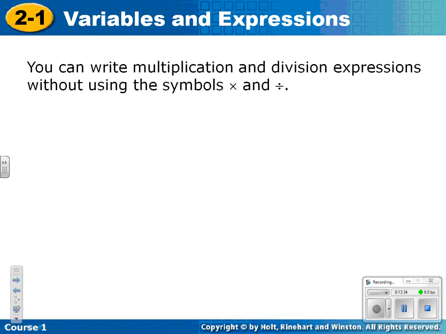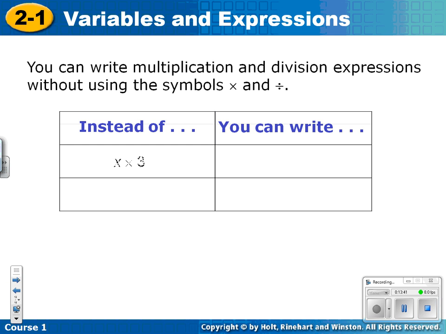Okay, let's see what else they have in store for us. You can write multiplication and division expressions without using the times and division symbols. By the way, that's actually exactly what I was just showing you. x times 3, like that. This one right here, don't lose that or forget that.